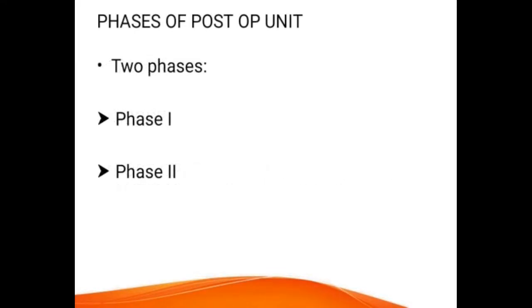Phases of the post-op unit. We have two phases. Phase 1 is the immediate recovery phase and requires intensive nursing care to detect early signs of complication. Receive a complete patient record from the operating room to plan post-operative care.